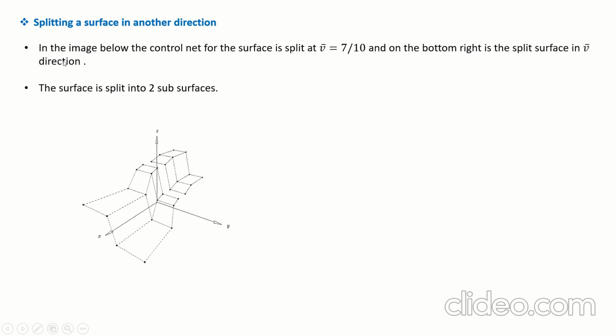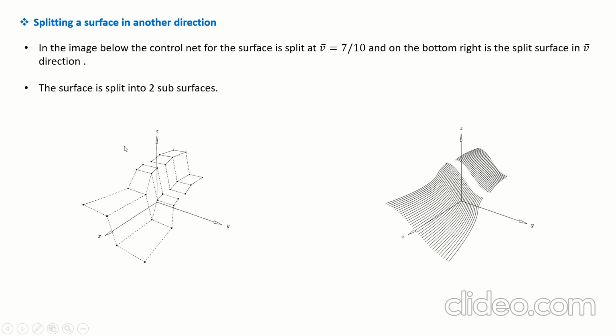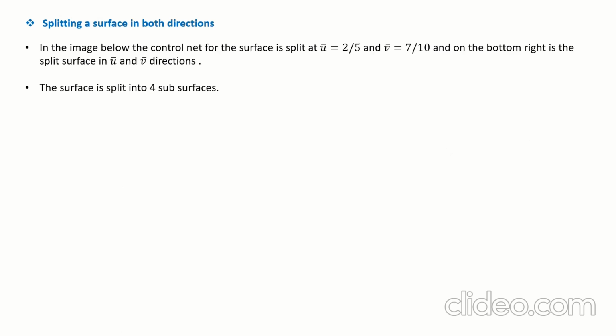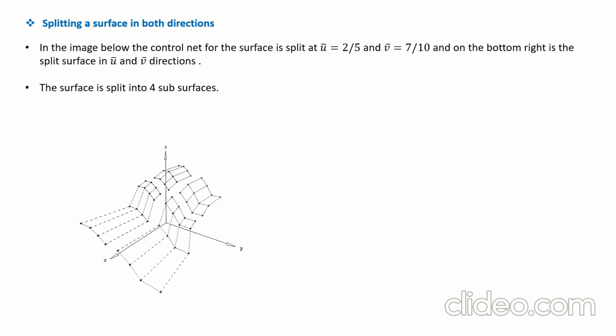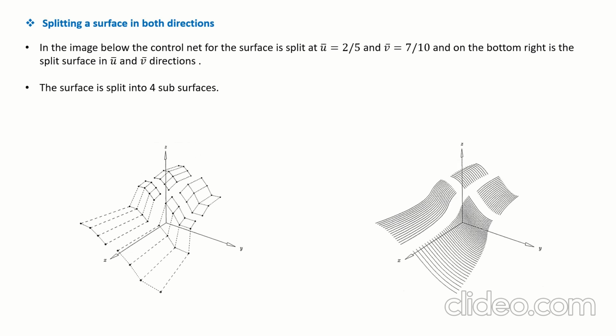If the knot insertions are done in the v direction multiple times, then it also splits into two subsurfaces. We can see this is the control net and this is the surface, but in the other direction, along the v direction here. Now if the surface is split in both directions, this happens when the insertions are done in both u and v directions multiple times. We can see the control net divides into four sub control nets, and this is the same in the surface also.